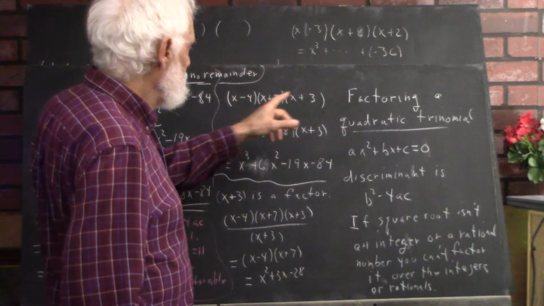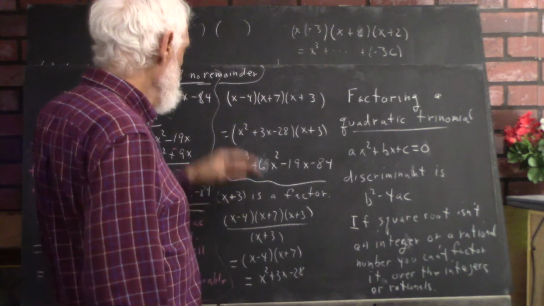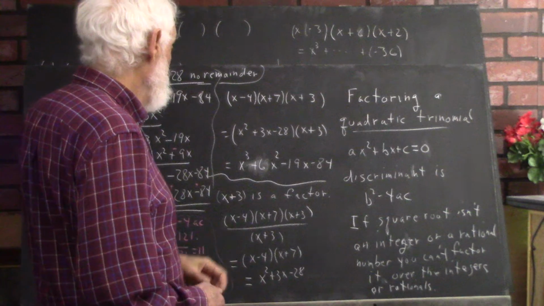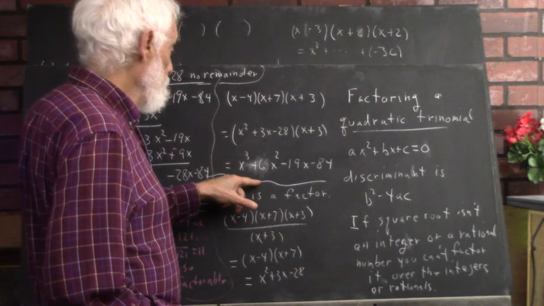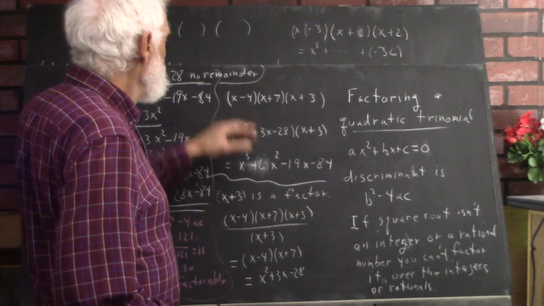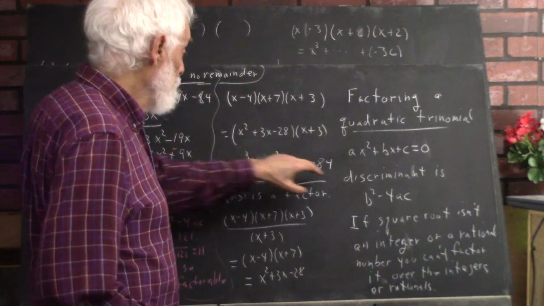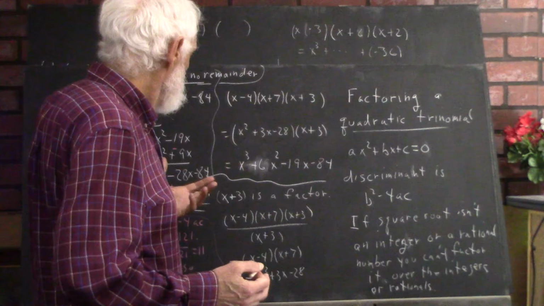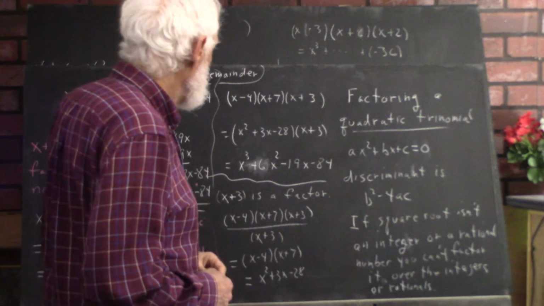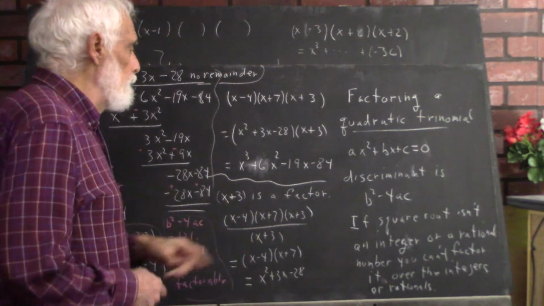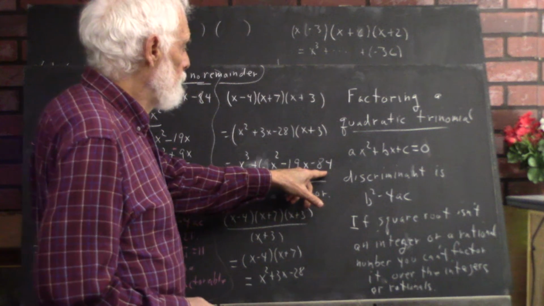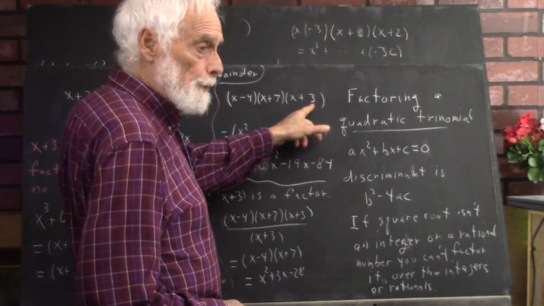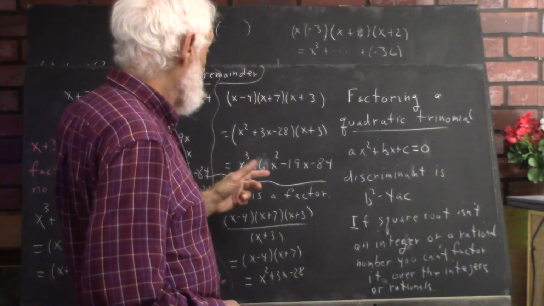x minus 4 times x plus 7 times x plus 3. Now here's a polynomial that's already factored. We multiply it out and we get to this. Now, if you didn't know any of this and just had this, how would you find the factoring? Well, you would look at the number 84. Notice that 84 is the product of these three constant numbers here in your factoring.